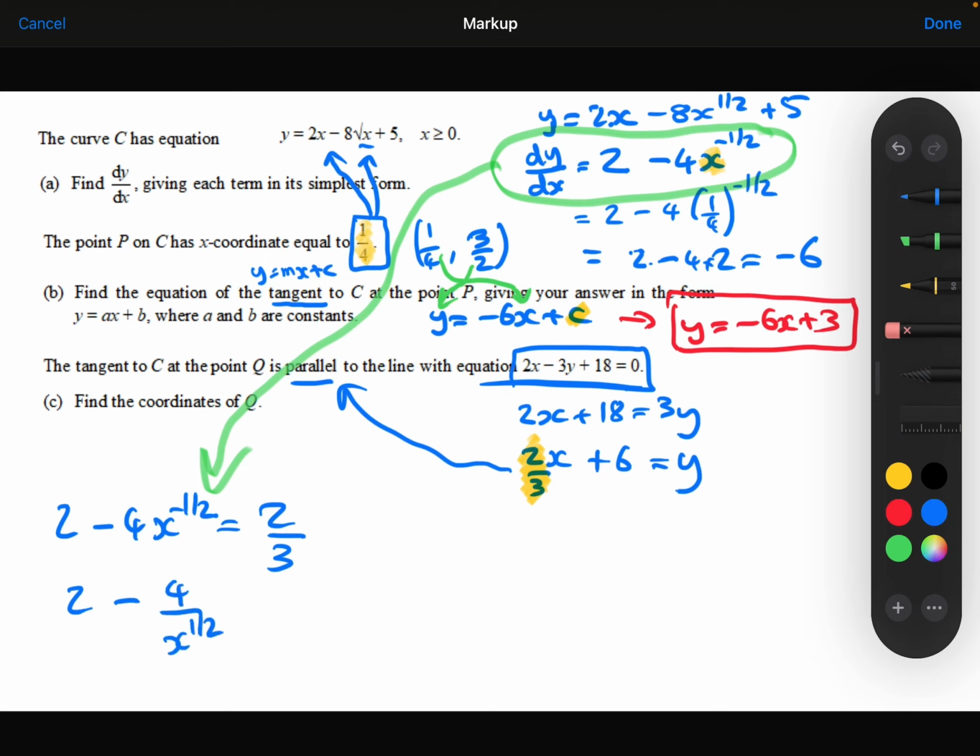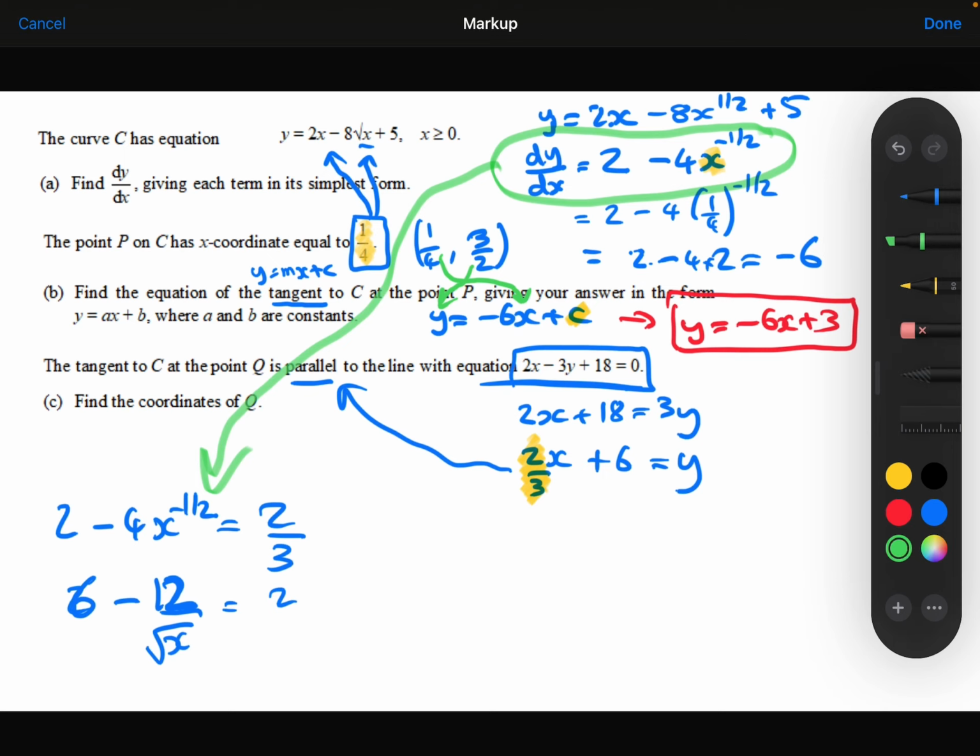And actually, I'm going to rewrite it as a square root, like that. I'm going to times through by 3, because I don't like this fraction here. So if I times both sides by 3, this will become a 6, and this will become a 12.